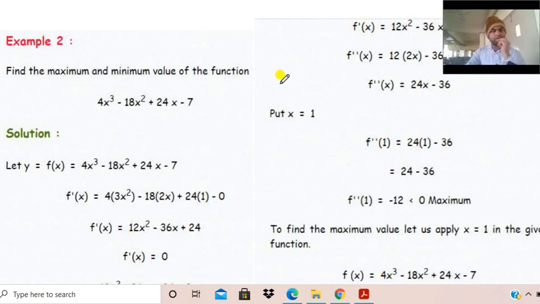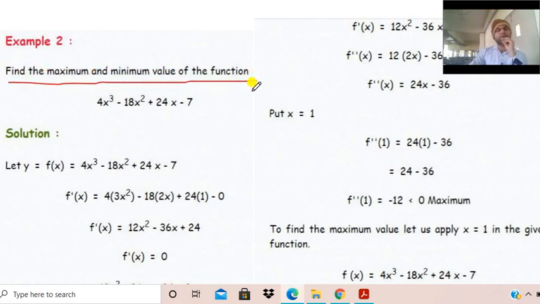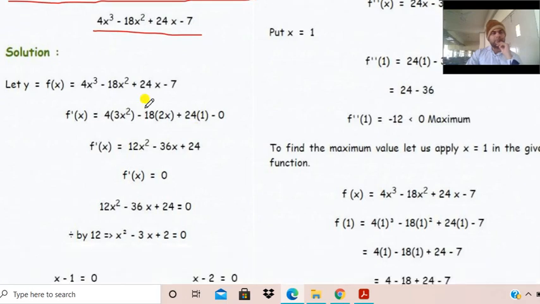Okay, so find the maximum and minimum value of the function, and your function is given as 4x to the power 3 minus 18x square plus 24x minus 7. So firstly we will write y or f(x) is equal to this function, then differentiate this function. When we differentiate this function, we will get this function.